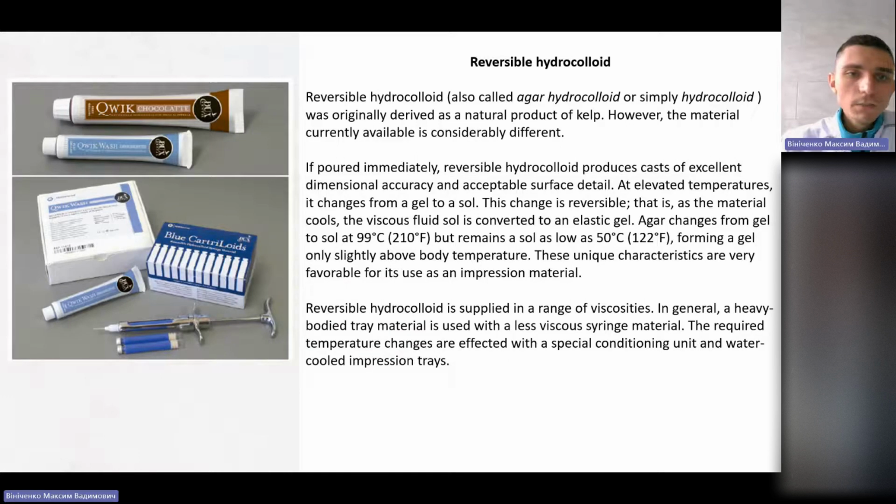Reversible hydrocolloid is supplied in a range of viscosities. In general, a heavy-bodied tray material is used with a less viscous syringe material. The required temperature changes are effected with a special water-cooled impression tray.